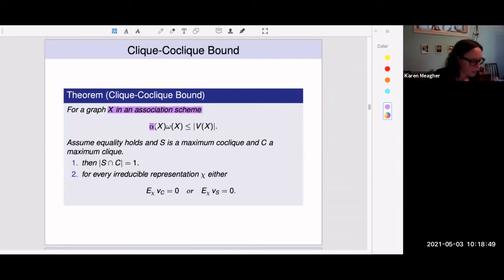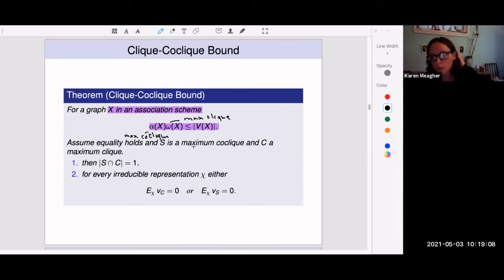We always have that alpha(X) omega(X) is less than or equal to v. Alpha is the size of your max co-clique, and omega is the size of your max clique. The product of the two can't be any more than the number of vertices in your graph.